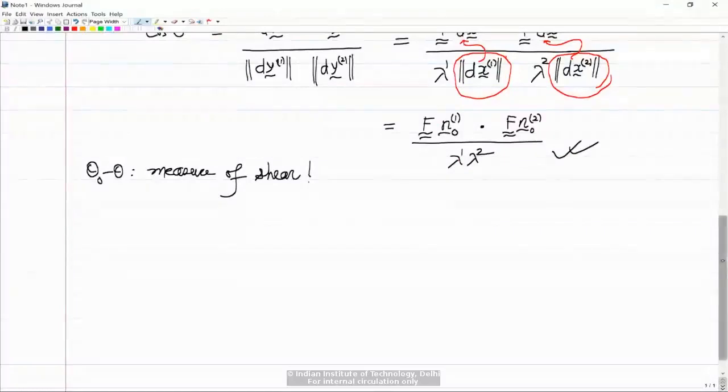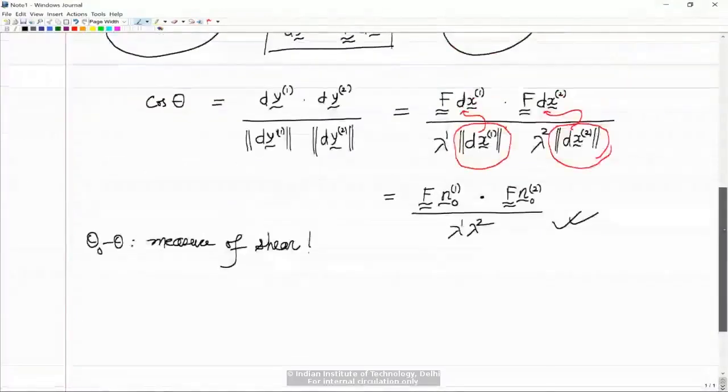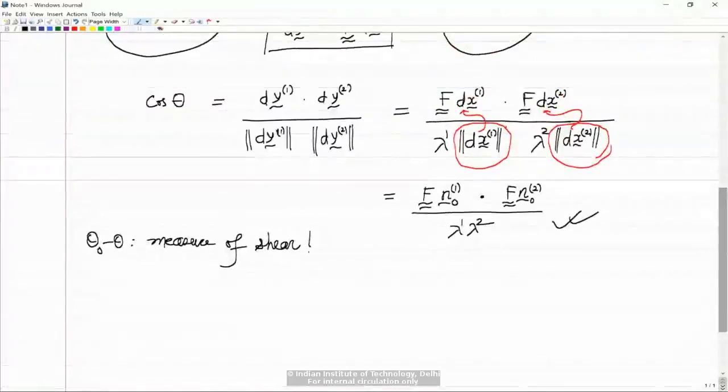So at a point, just like you have so many longitudinal strains depending on which line element you have chosen, similarly at a point you have so many shear strains depending on which two line elements you chose at that point.